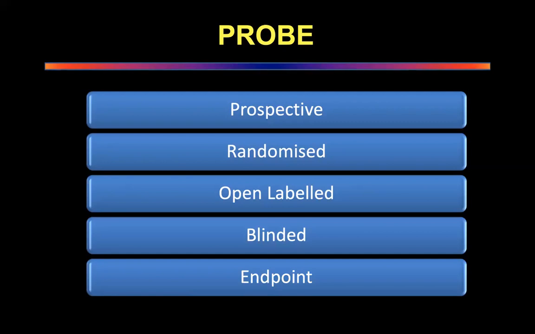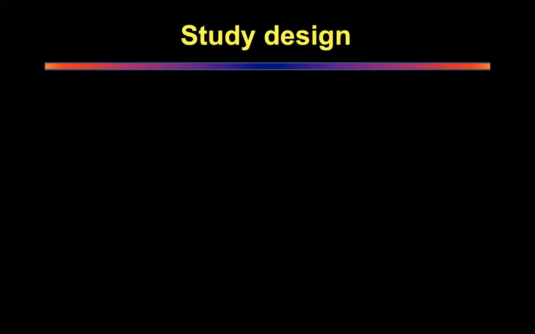So this is a cheaper way of doing an RCT, but not as good as an RCT. So in some papers, if you read, you will see the word PROBE being used, that this was a prospective randomized open labeled study. And that is not the same as an RCT. The blinding is not there in these studies, okay?